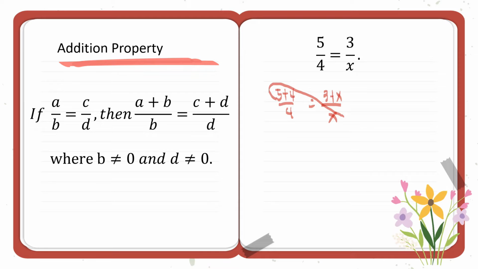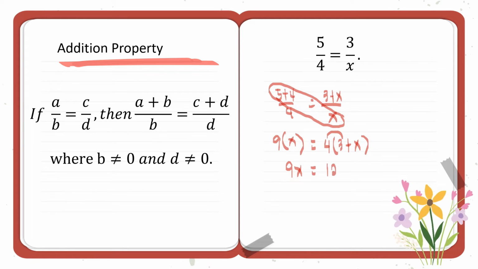And by cross multiplication, 5 plus 4 is 9. So, 9 times x equals 4 times 3 plus x. So, 9 times x is simply 9x. By the distributive property of multiplication over addition, 4 times 3 is 12. 4 times x is 4x.